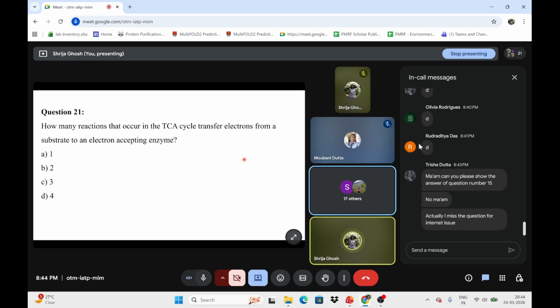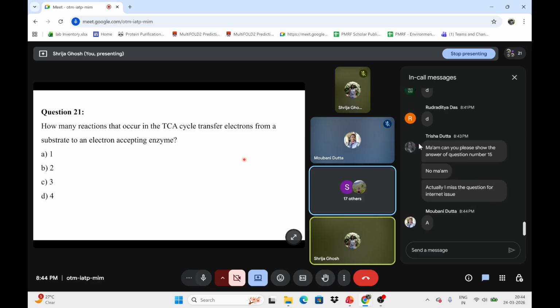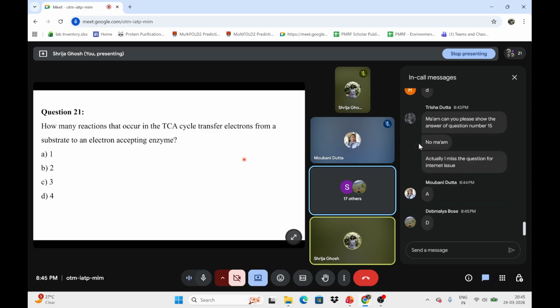How many reactions that occur in the TCA cycle transfer electrons from a substrate to an electron accepting enzyme? Options are 1, 2, 3, and 4. I have two answers in the chat box.